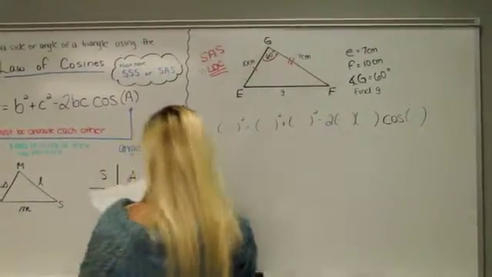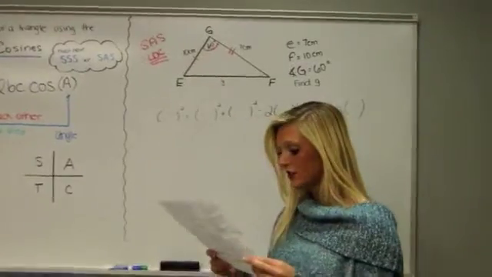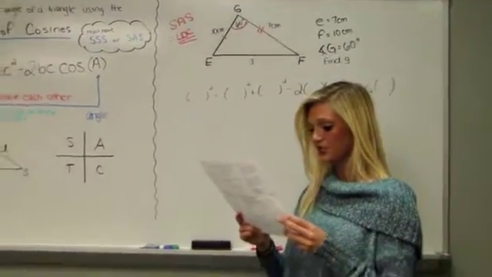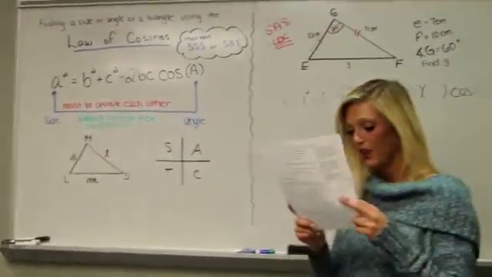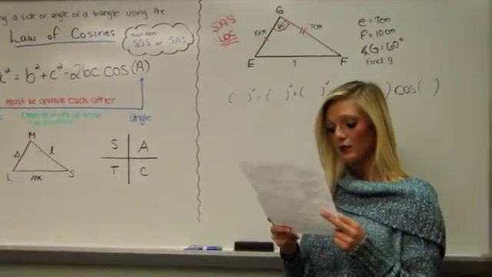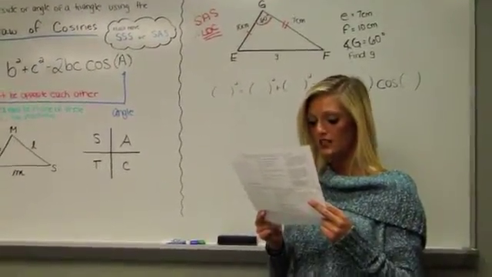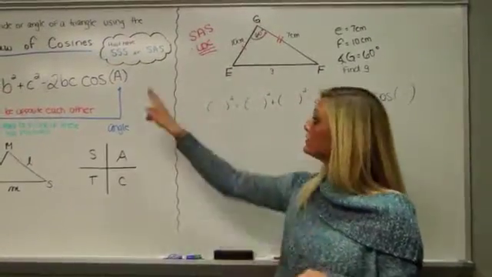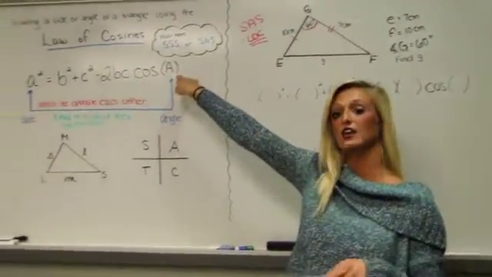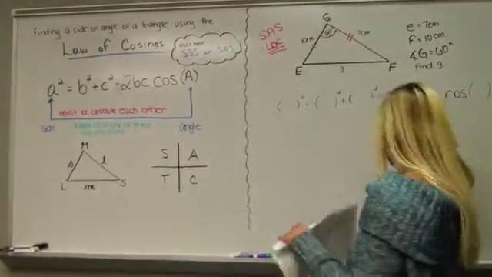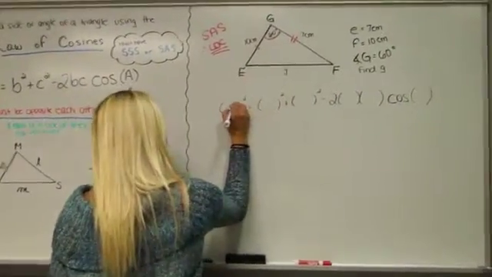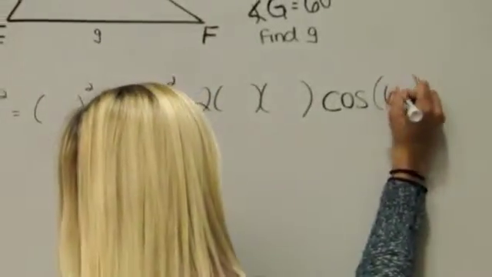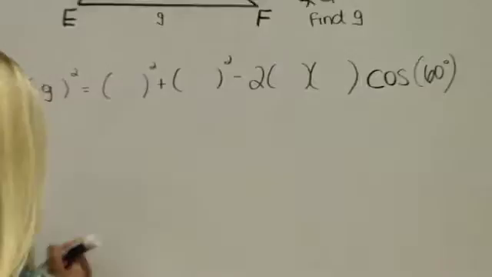We are looking for a side, so our g goes into the side position in the formula, where your lowercase a is located over here. Make sure to put the angle that is opposite the side you are looking for into the angle position in the formula, so that would be where your uppercase letter A is here. So your lowercase g would go in this position here, and your 60-degree value is going to go in this position here.